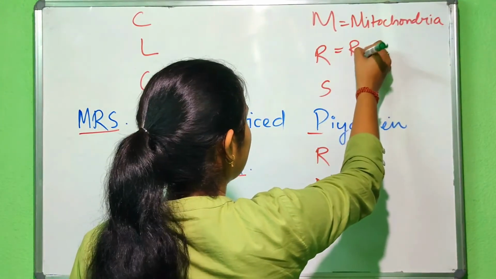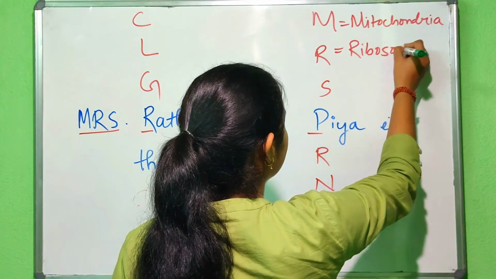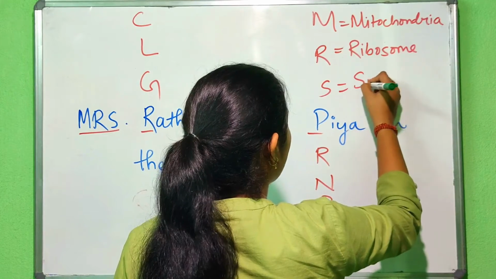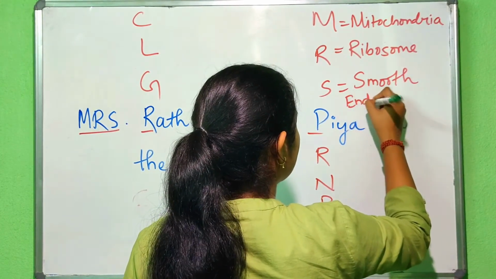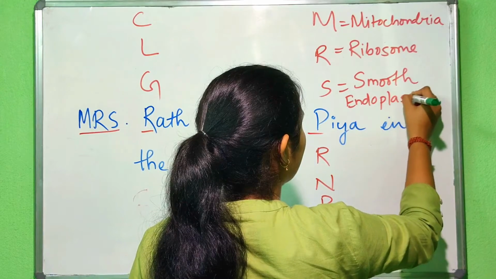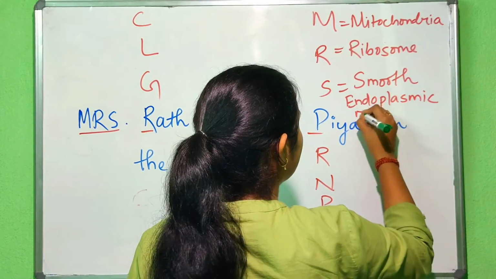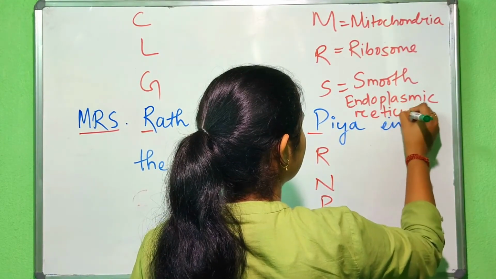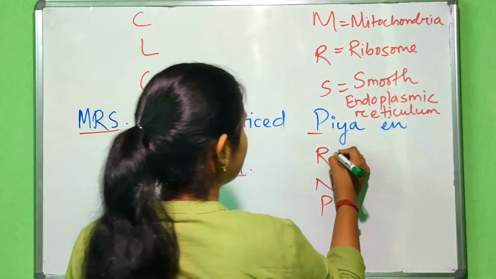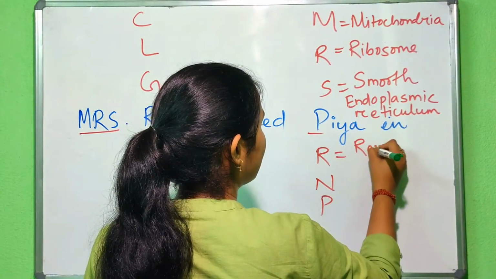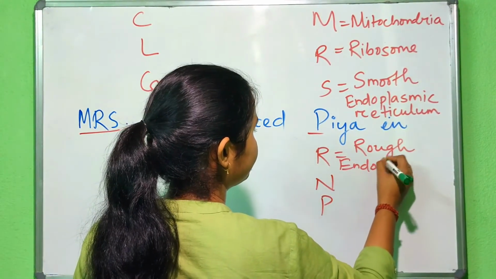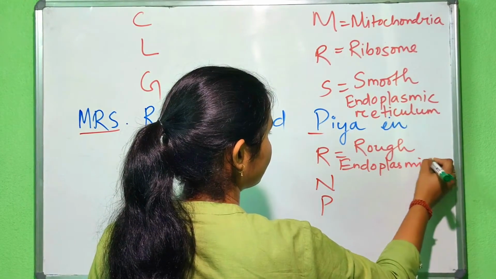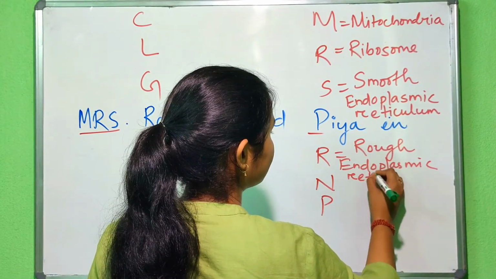Then R for ribosome. Then S for smooth endoplasmic reticulum. Okay. Then R for rough endoplasmic reticulum.